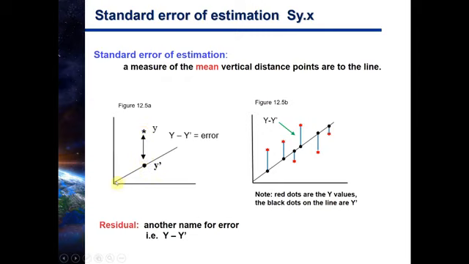Now let's pretend we've drawn the regression line. This point here, for this same value of x, would be our predicted value for y. Remember, this value here is your actual value of y. For this x, this is what your y value was, but for this x value, this is what we would have predicted for y.